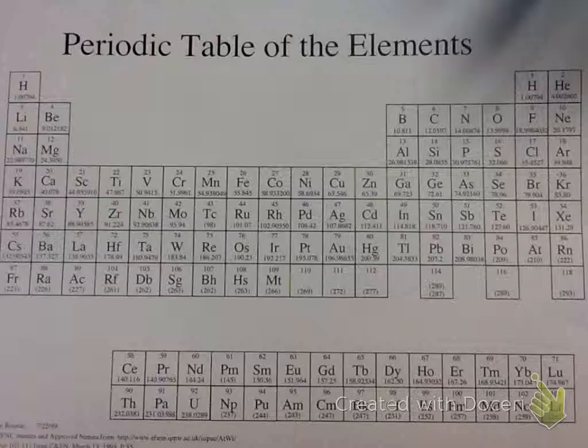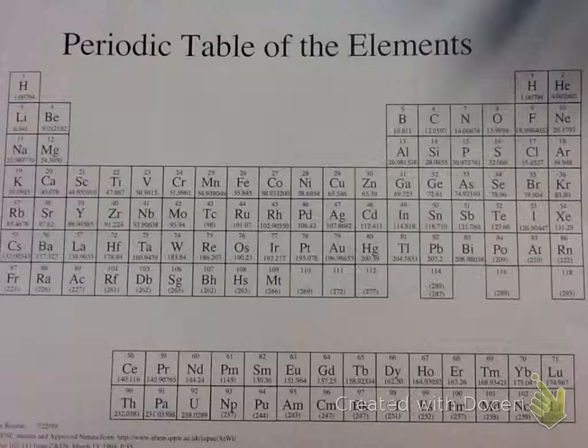He's a chemistry prof someplace. And one of the things I like about it is it doesn't have the names of the elements on it. You'll notice it's just got the symbols. This is his simplest version. It's just got the symbol, atomic number, atomic mass.